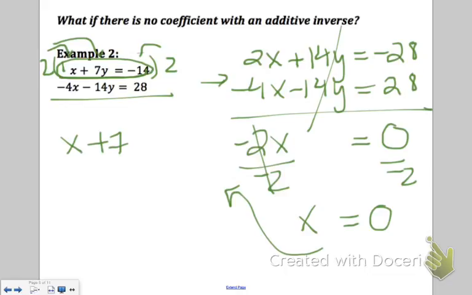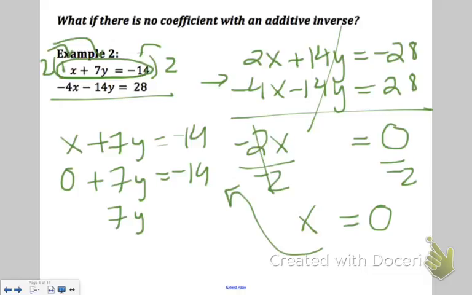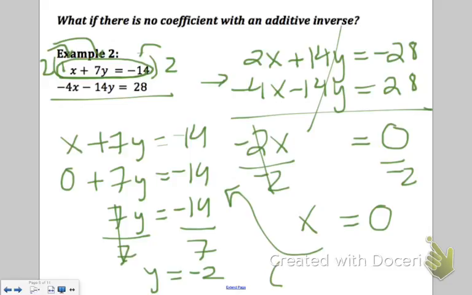So x plus 7y equals -14. Since x is 0, we're going to replace x with 0. And if we divide by 7 on both sides, we find that y is equal to -2. So our ordered pair, the solution to the system, is (0, -2).